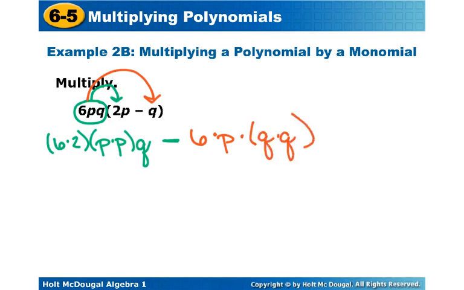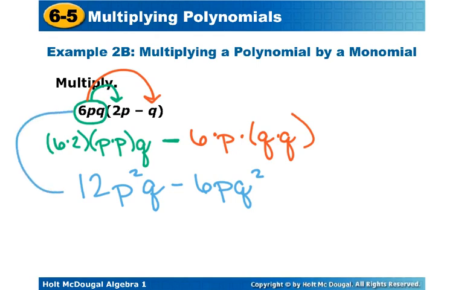Okay, so if you need to write it out like that, you can. Otherwise, you could just do the distributing here. So this becomes 12p squared q minus 6p q squared. So whether you take it and you distribute and you go right to this step, or you take it and you break it down and you go from here then down to here, it doesn't matter. Do whatever you are most comfortable with.